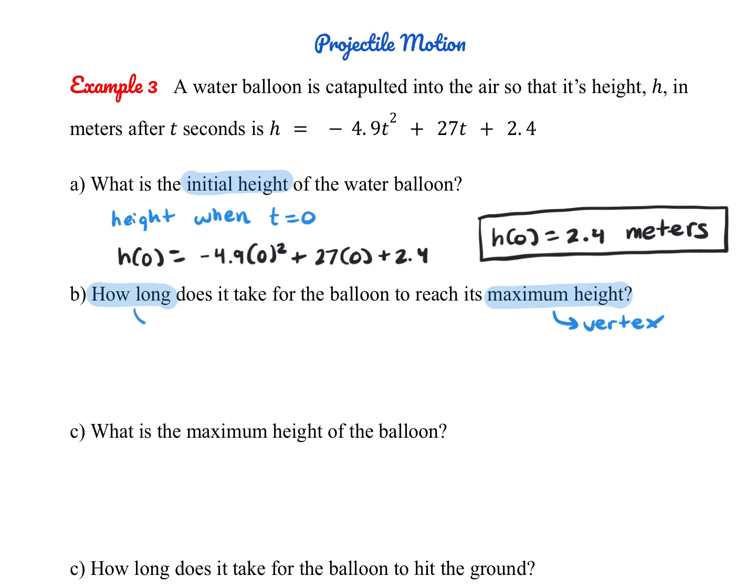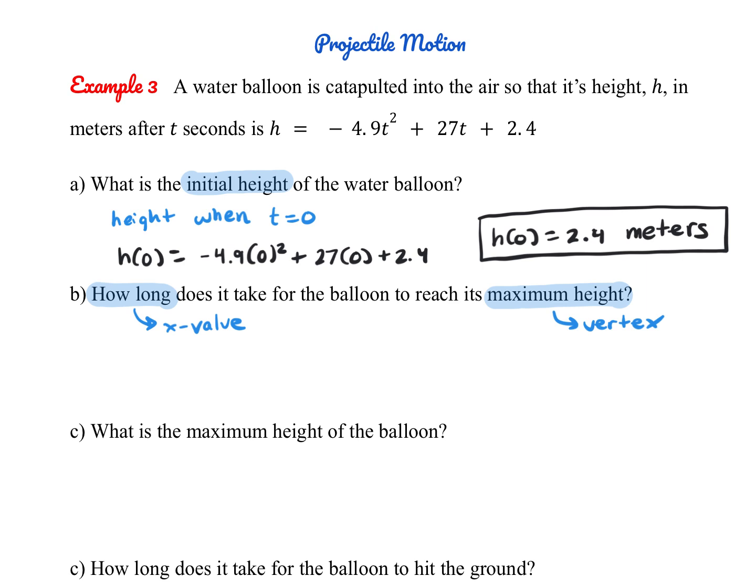Since it's how long, which is that t value, or your independent variable, here we're essentially asked to find the x value of your vertex. So again, the word maximum or minimum will always imply vertex for quadratic equations, and then you just need to figure out what part of the vertex answers your question. So here, let's find the x value of our vertex.